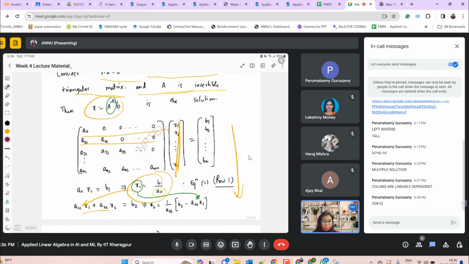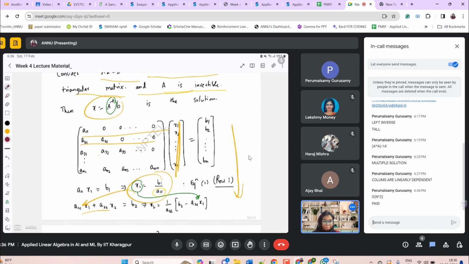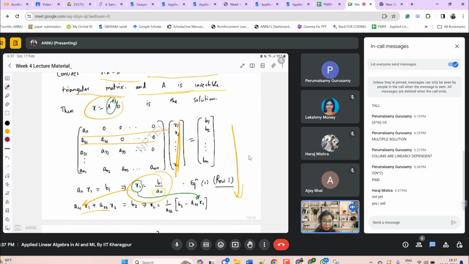Just raise your hand. Okay, Guru Swami has paid. Lakshmi. Okay, Ajay also raised. Are you continuing? Will you continue this course? Oh, yes, I will. Okay, that's great.